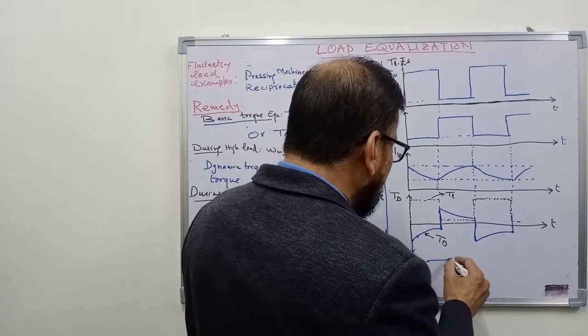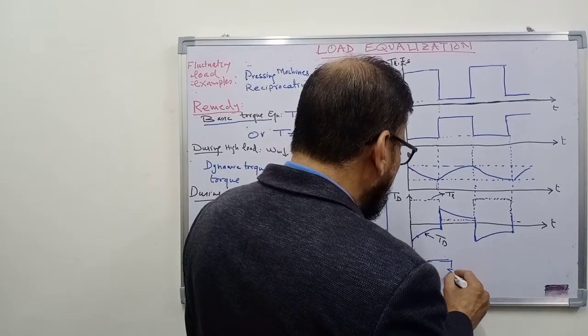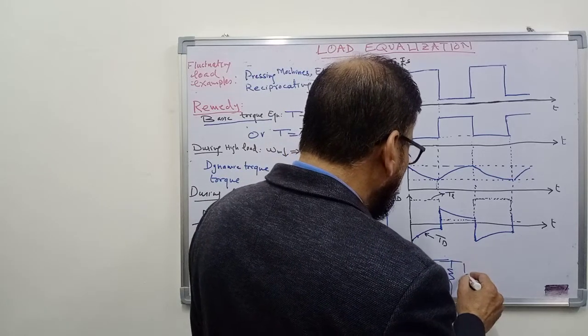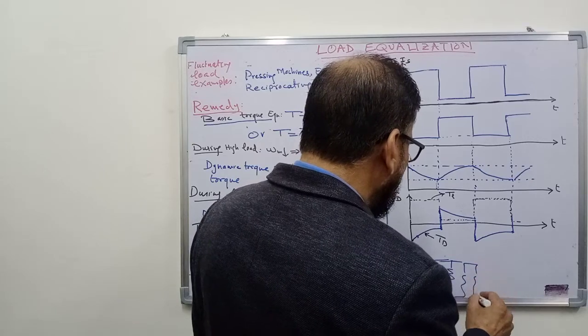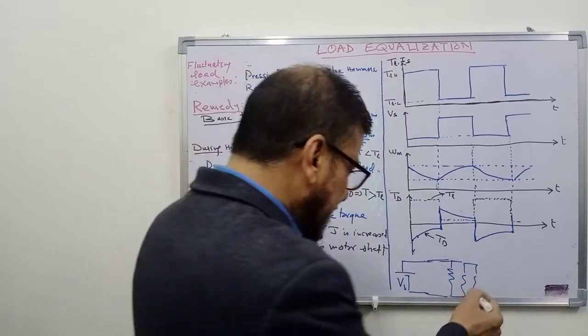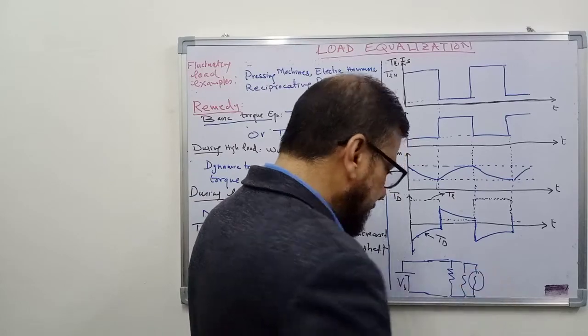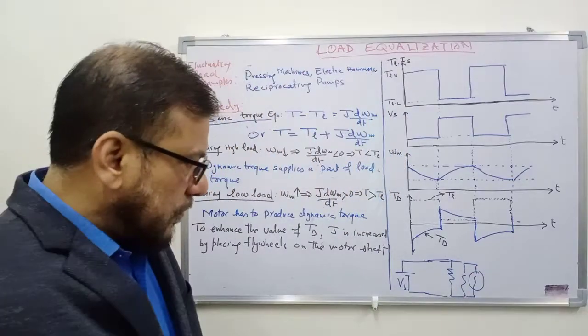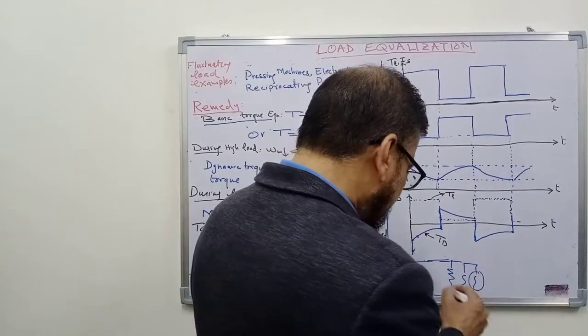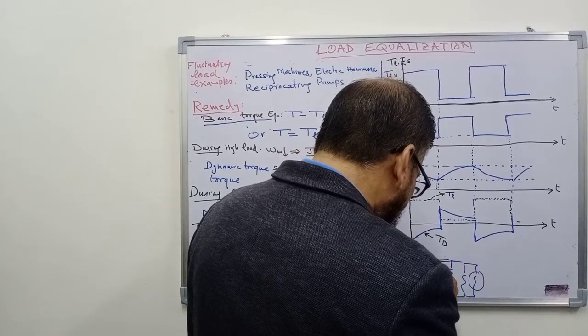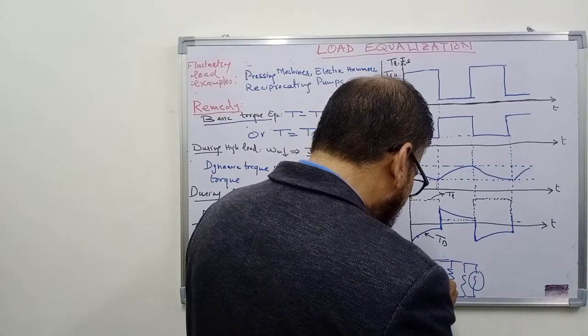and across this various loads are connected, like this, and this is our load. Suppose this is very high, so the current that is flowing through the line is like this.